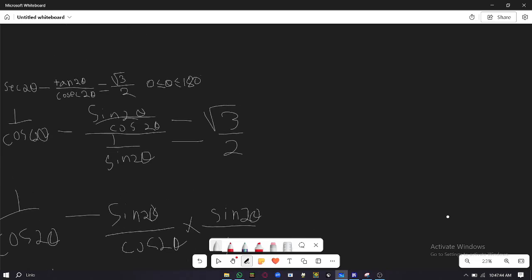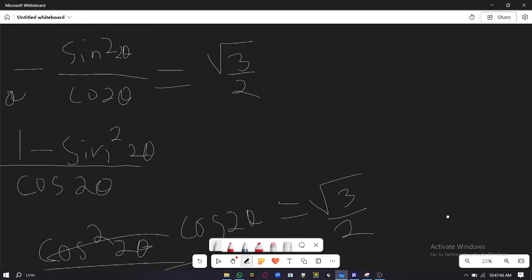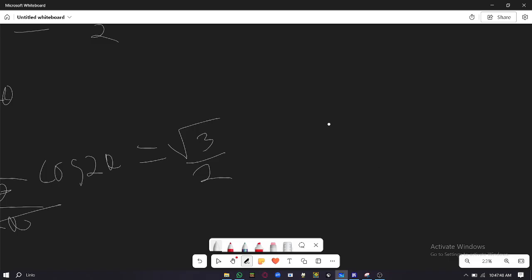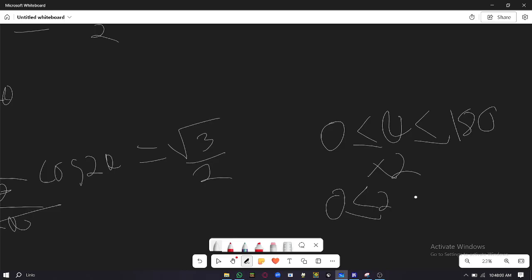This has a range of 0 to 180. So let's put the range down from 0 to 180 for theta. We're going to multiply everything by 2 to make it possible to take inverse. Less than or equal to. I need the calculator. Let me just pull the calculator out.